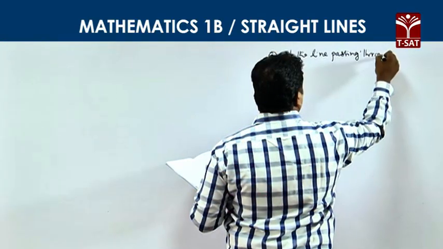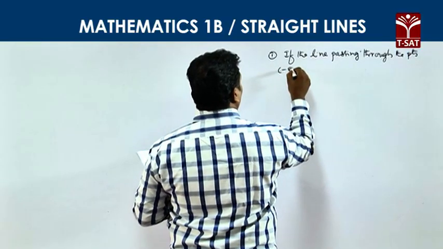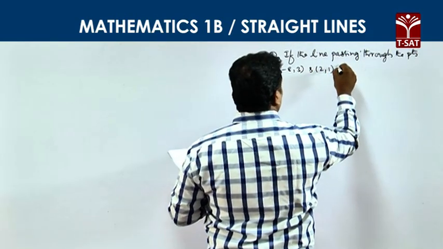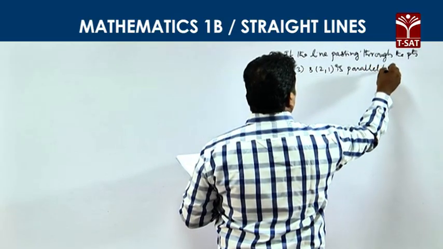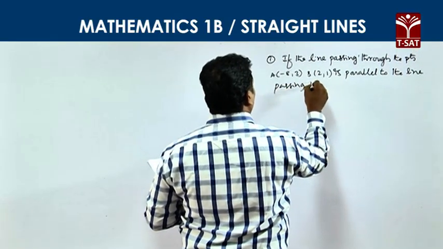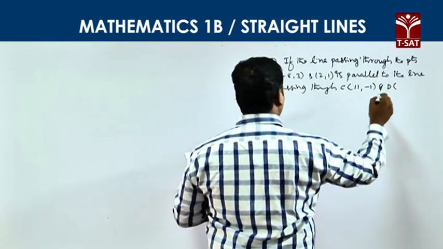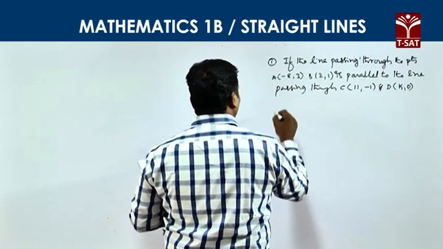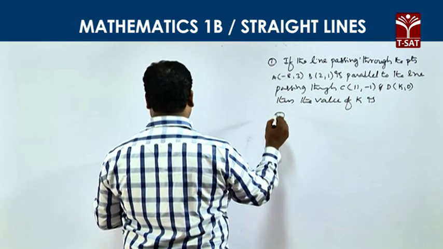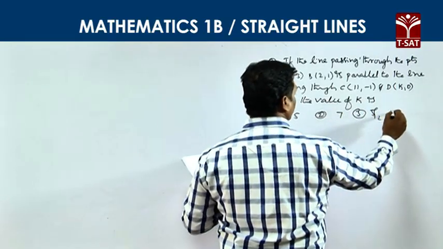Now start the problem. Straight lines. First one: if the line passing through the points A(-8, 3), B(2, 1) is parallel to the line passing through C(11, -1) and D(k, 0), then the value of k is: first option 5, second option 7, third option 5/2, fourth option 6.